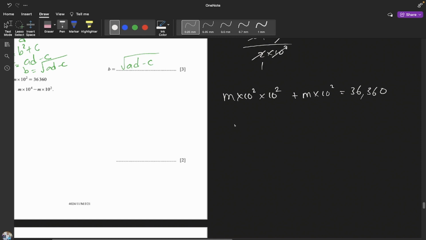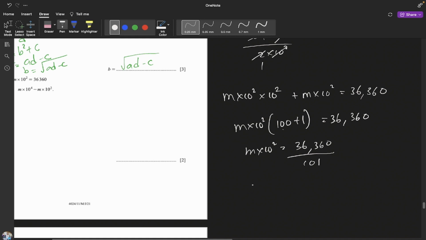So if I take m into 10 to the power of 2 outside as a common factor, I remain with 100, 10 to the power of 2 is 100, plus 1 as 36,360. So m into 10 to the power of 2 is equals to 36360 divided by 101. Okay.